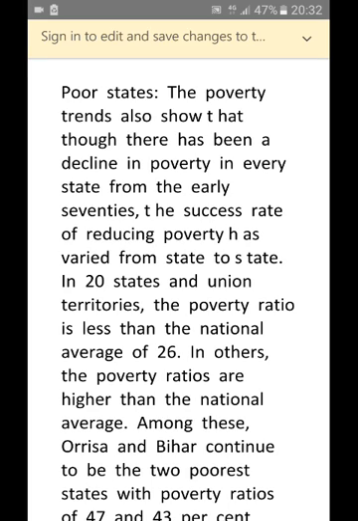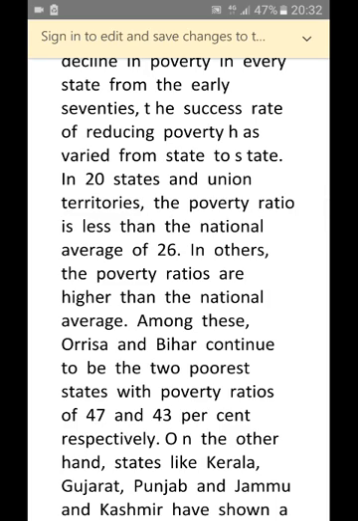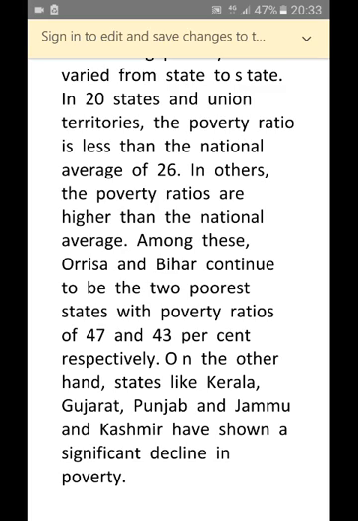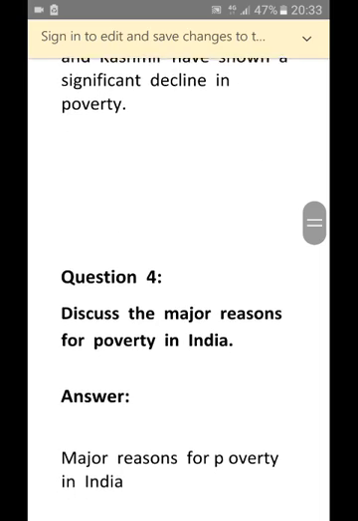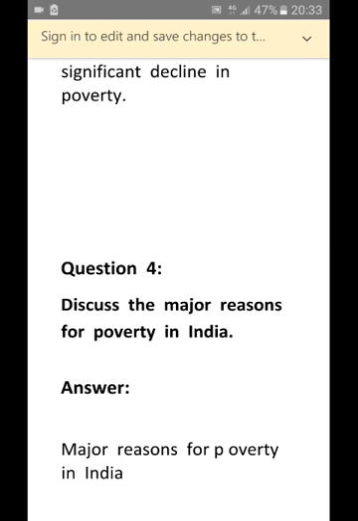In others, the poverty ratios are higher than the national average. Among these, Orissa and Bihar continue to be the two poorest states with poverty ratios of 47 and 43% respectively. On the other hand, states like Kerala, Gujarat, Punjab, and Jammu and Kashmir have shown a significant decline in poverty. That means the poor people have been declining in these states.